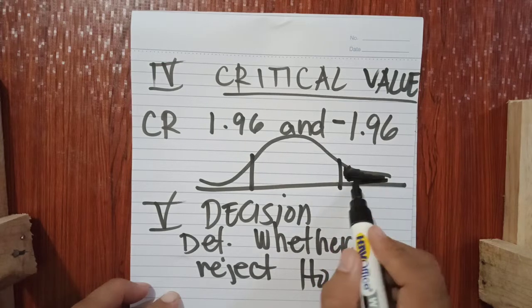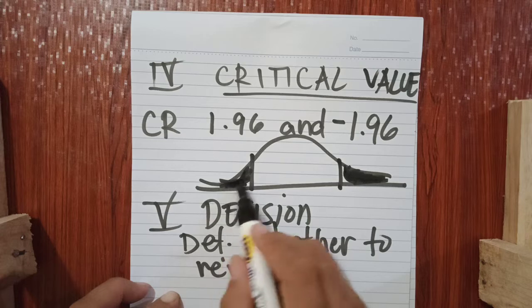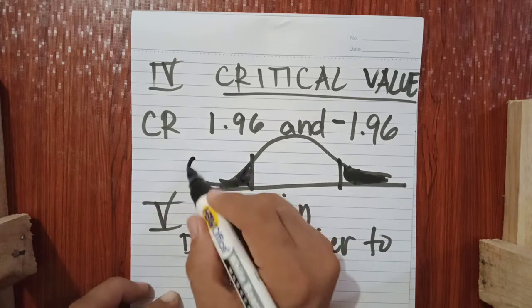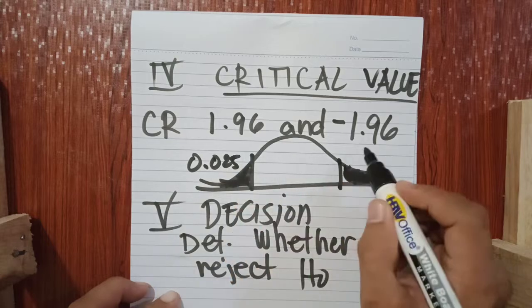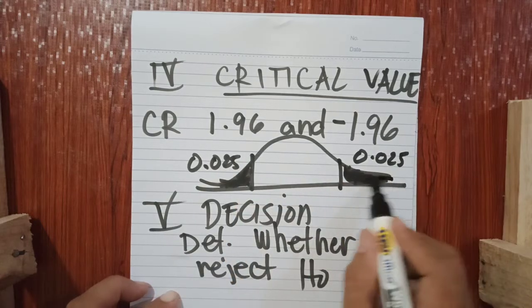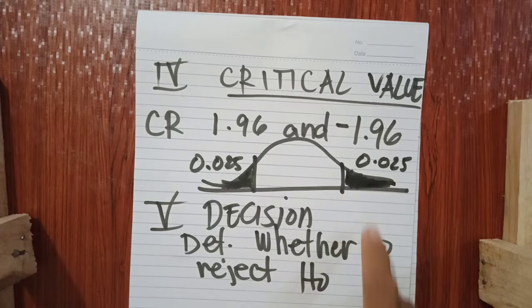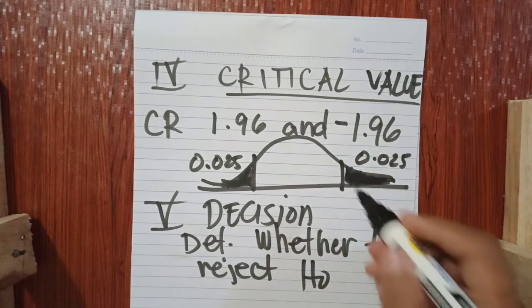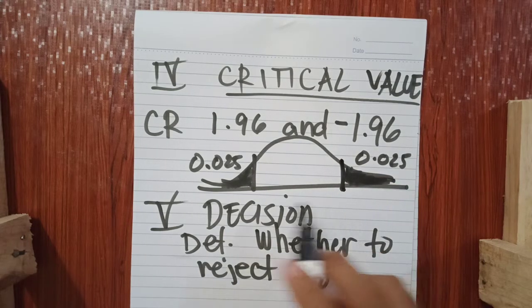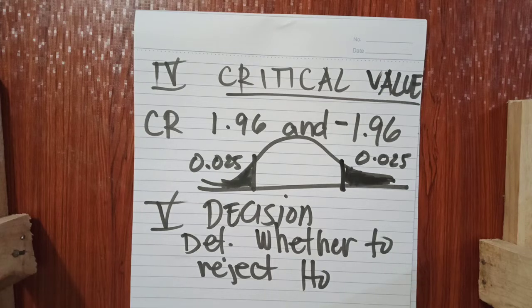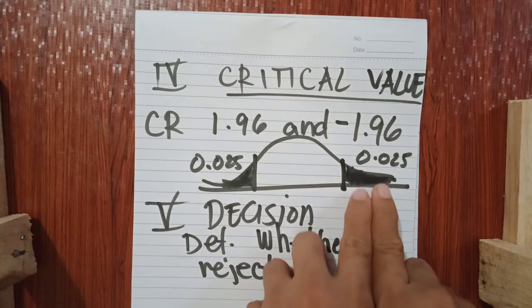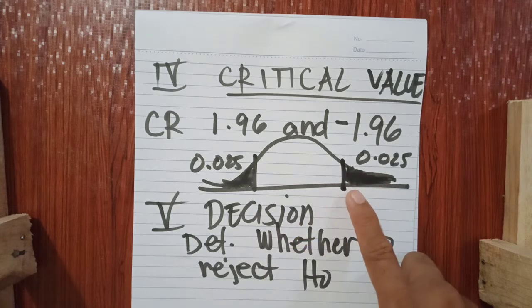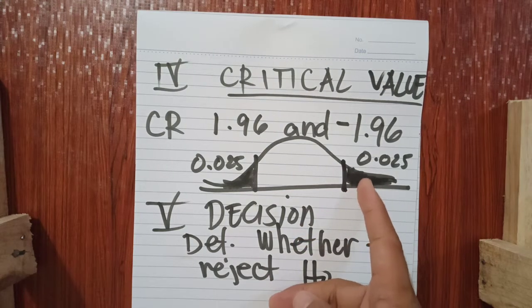Yung 5% divided by 2, that is 2.5% or 0.025. Okay? Yan, itong area na ito ay critical region. Ang critical values are ito, 1.96, negative 1.96. Pagka yung makompute nating value ng Z ay mas malaki dito. Okay? Mas malaki.